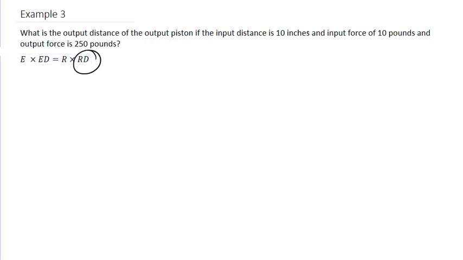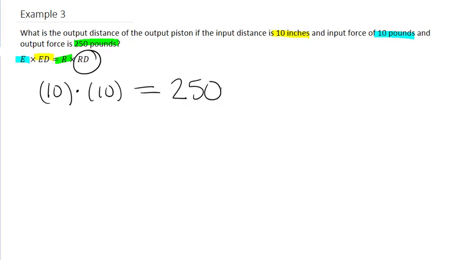We have our input distance of 10 inches, our input force of 10 pounds, and our output force of 250. So let's fill this in. We have 10 times 10, which is equal to 250 times RD, which is what we're solving for.